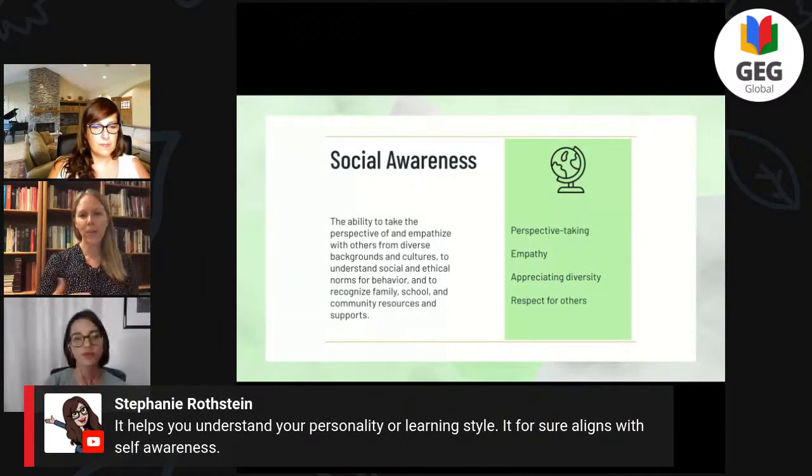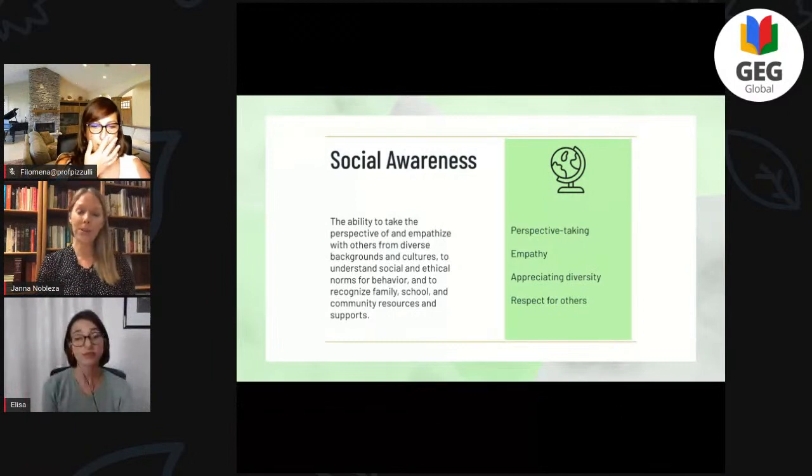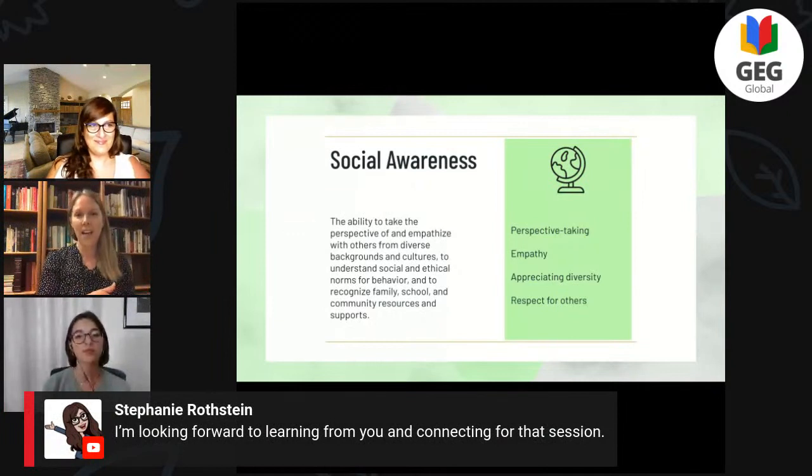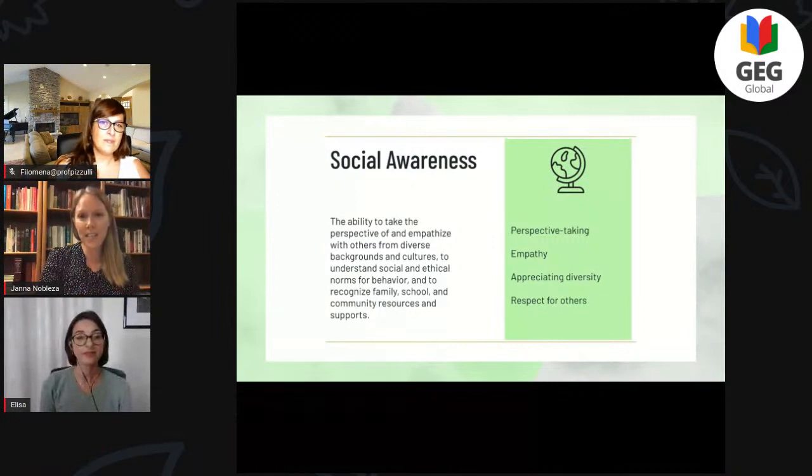And so as we're talking about social awareness, it's important for students and teachers to have those relationship skills built up already. If they are working as a team, they can ask questions, if they can communicate, then the next step is really building on that social awareness of being able to respect people who have differing views than you do, appreciating diversity, and being okay with people having different ideas than you or people being different than you.